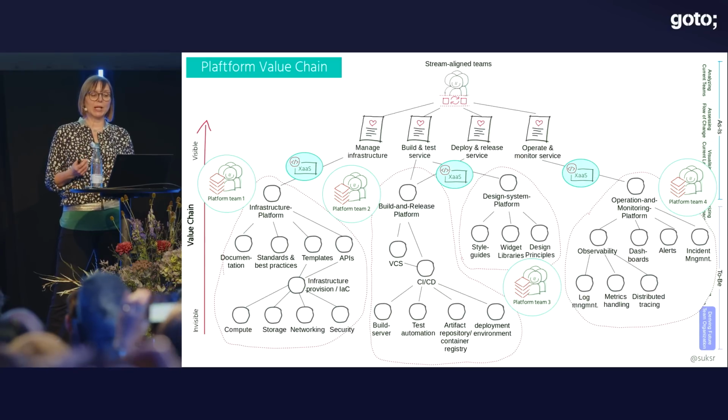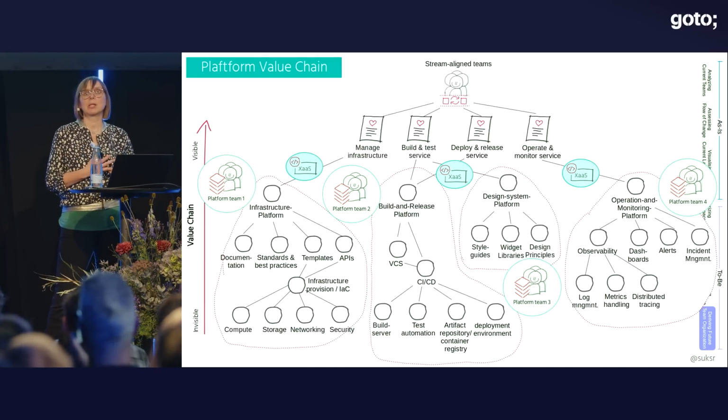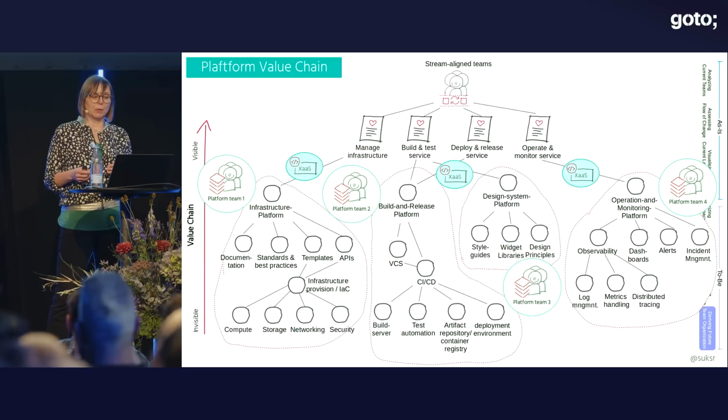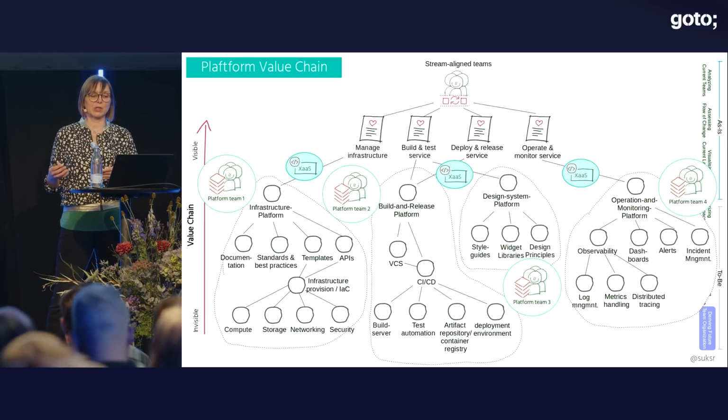Or to operate and monitor a service, the streamlined teams require dashboards, alert mechanisms, incident management, and observability capabilities, and these capabilities can be provided by the platform teams as an operation and monitoring platform. So the platform teams can provide a variety of easily consumable platforms satisfying the user needs of the streamlined teams, to make them self-sufficient and support them delivering their work.